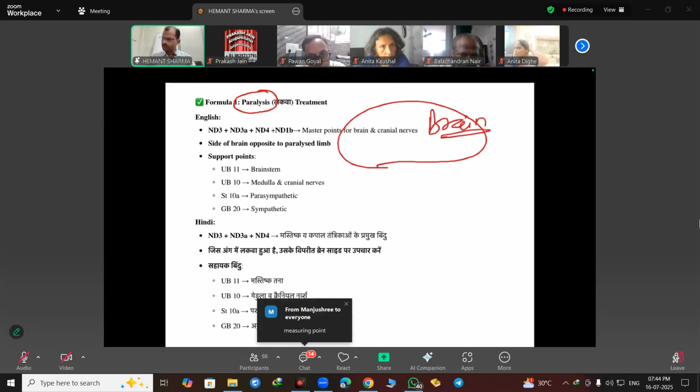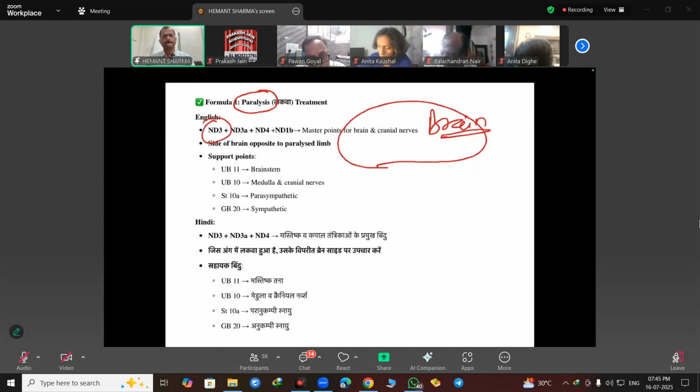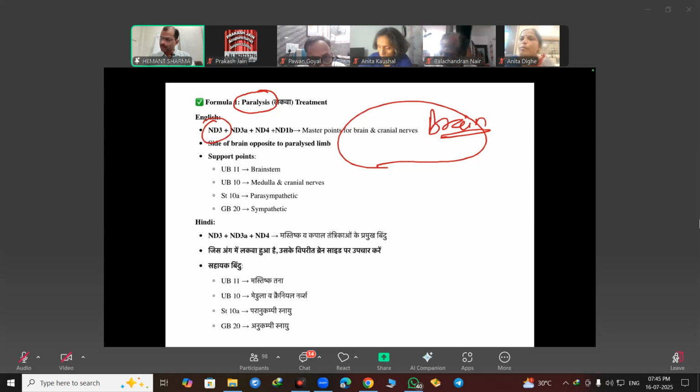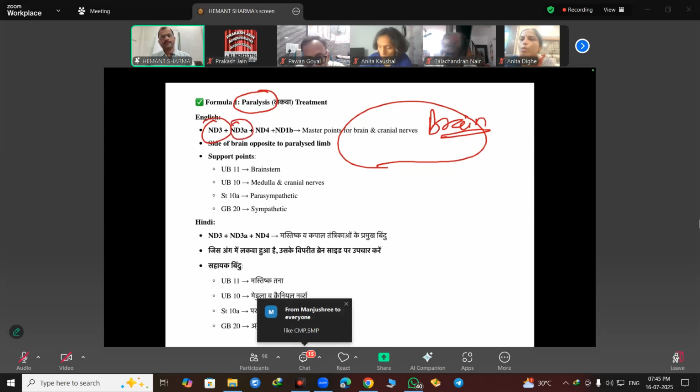So we can see here, we are using ND3 because it is the upper body. ND3 here, ND4, these all for upper body, and ND1V.